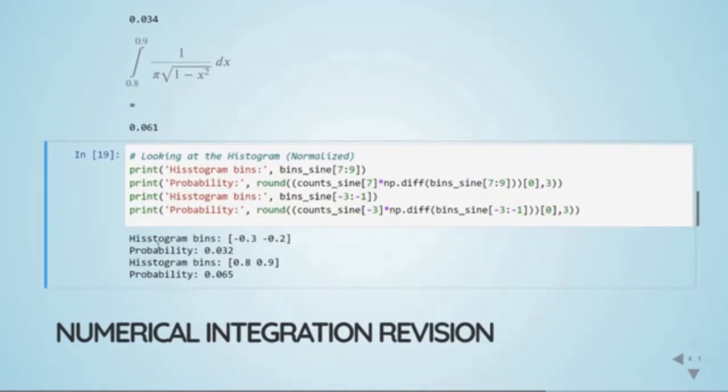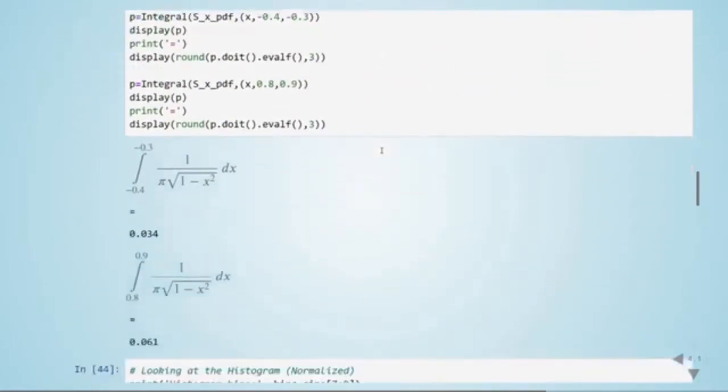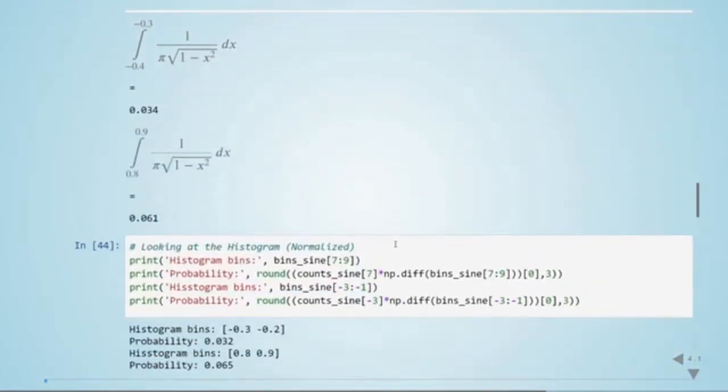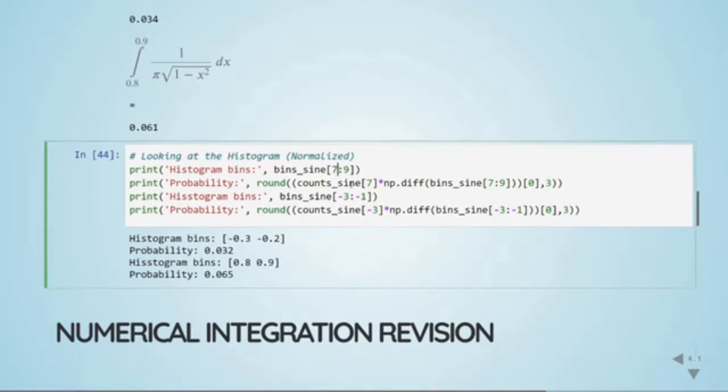If we look at the histogram bins, from the interval -0.4 to -0.3, so there's the bins 7 and 9, so it's 6 and 8, yeah.